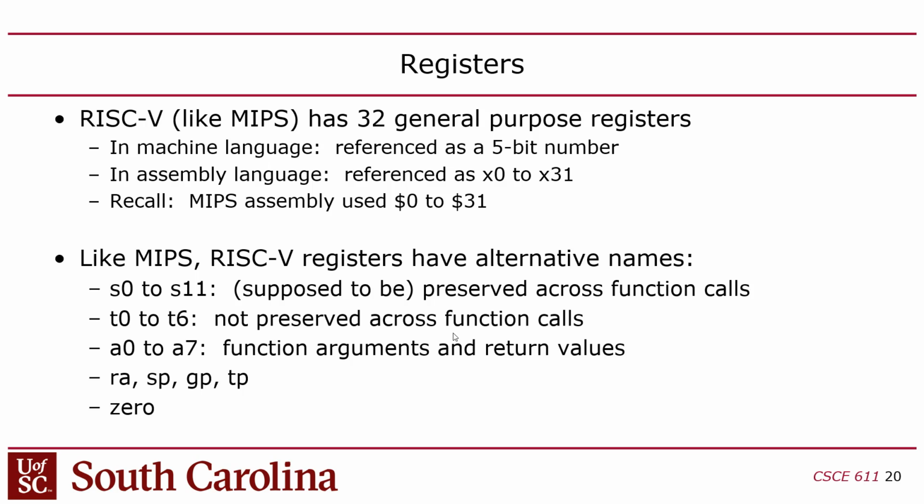RISC-V changes that a bit. They don't use a $, they use X. But some of the other symbolic values are the same, except they have different numbers. Like they have S0 through S11, T0 through T6, A0 through A7. And those just map to register numbers.